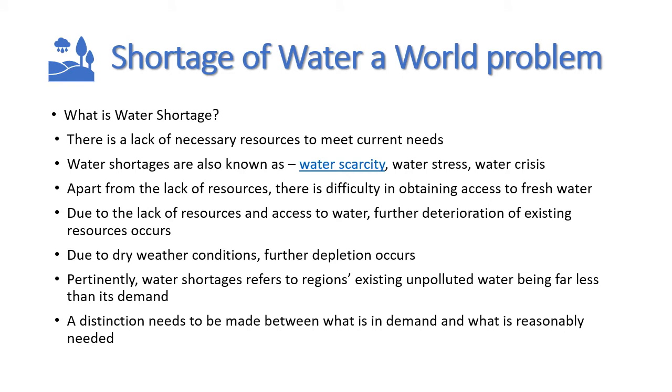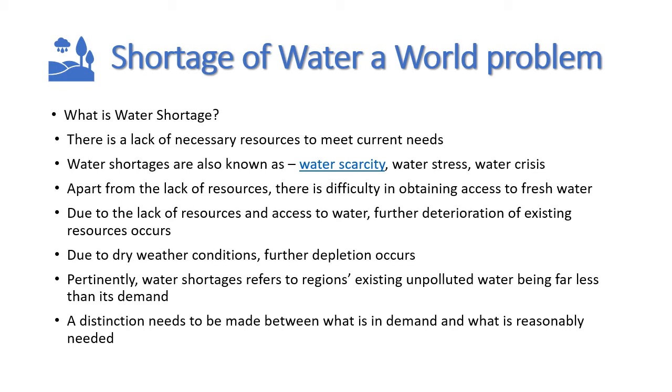Shortage of water, a world problem. First of all, you have to understand what water shortage is. There is a lack of necessary resources to meet current needs. Water shortages are also known as water scarcity, water stress, water crisis. Water scarcity leads to deforestation and desertification, an increase in global warming, and also increases pollution in the environment.